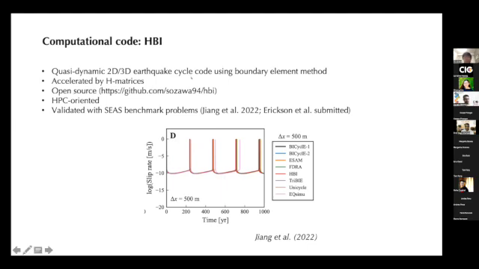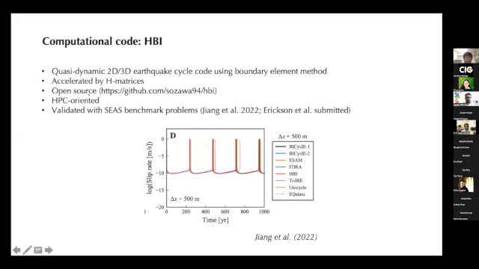And for efficient computation, the code is accelerated by the H-matrices method. This is quite a popular method recently, so many people working on this topic are using this technique. My code is open source, so you can take a look at my source code from this website.